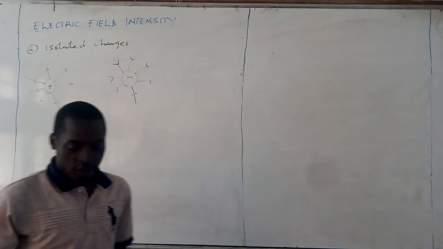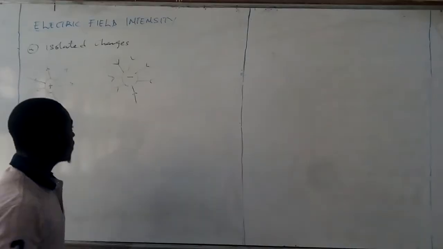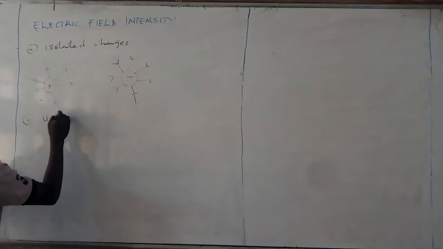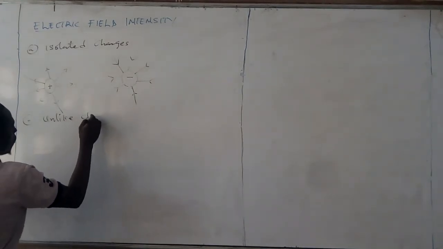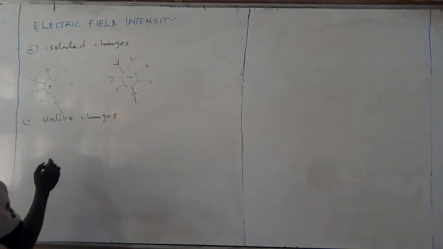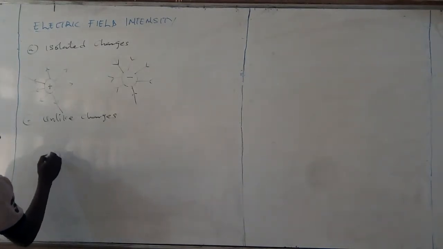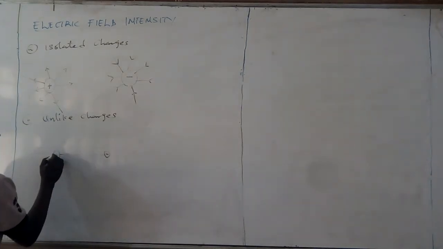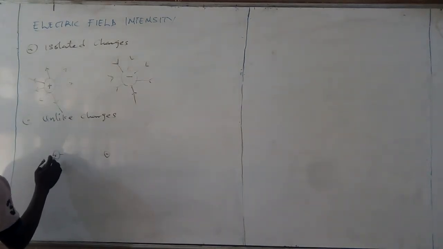And also, if we have unlike charges, if you combine two charges together, let's say we have something like this: a negative charge and a positive charge.